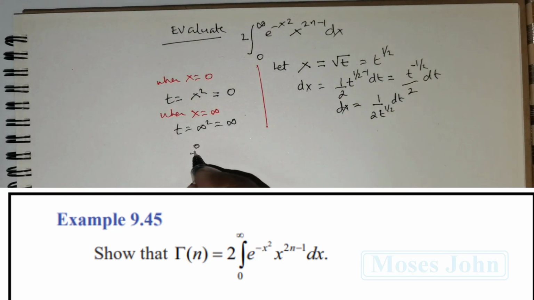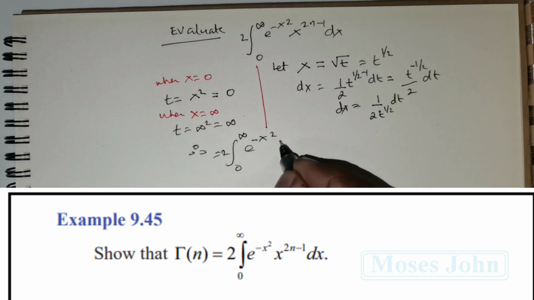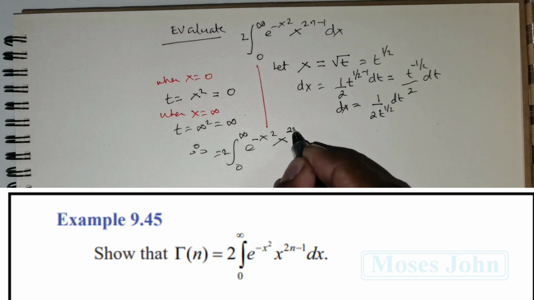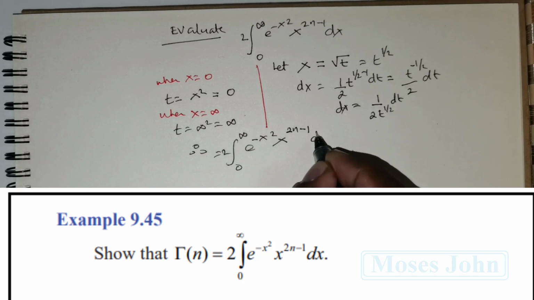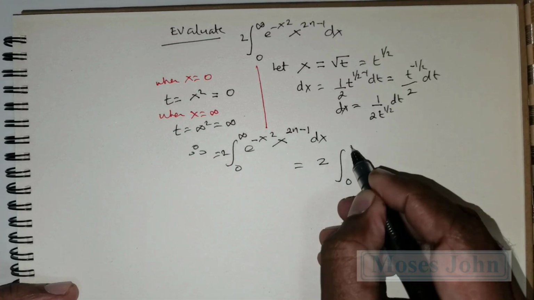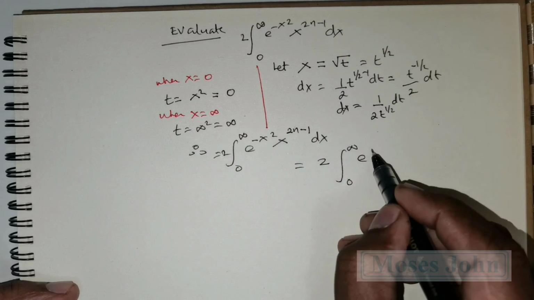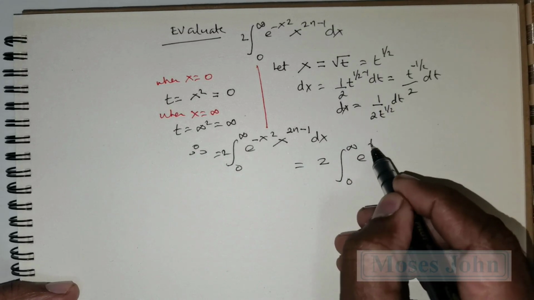So therefore, the integral, of course you have a 2 there, from 0 to infinity of e raised to the power negative x squared times x raised to the power 2n minus 1 times dx can be rewritten as 2 times the integral from 0 to infinity. In place of x, I would be substituting t raised to the power half.